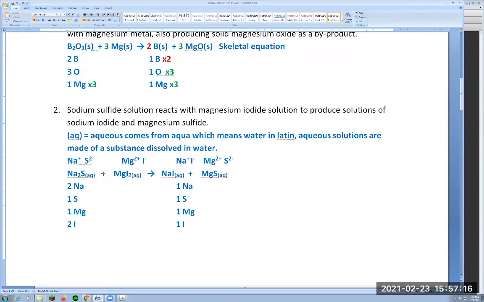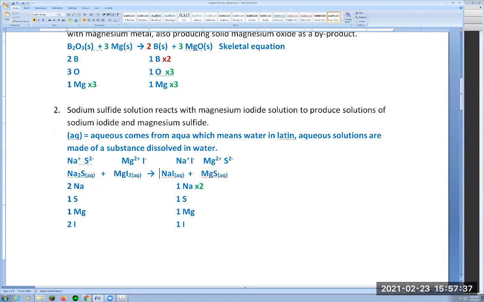So let's balance. It's always a good idea to balance metals first when you have metals and non-metals. So we have 2 sodium on the left, only 1 on the right. So let's make it 2 on the right so that we have the same number on both sides.